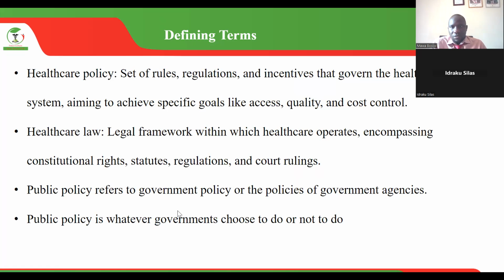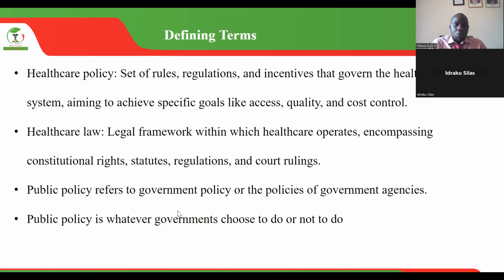That's basically policy. So a policy comes into place if there are decisions that have been made on how particular situations can be handled. The government is usually responsible for making these policies.